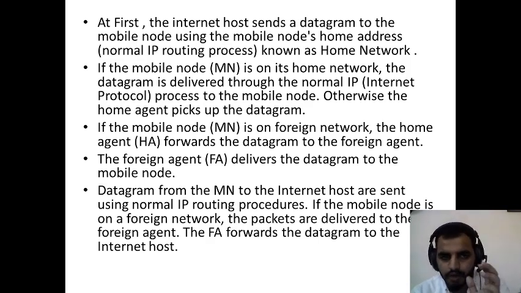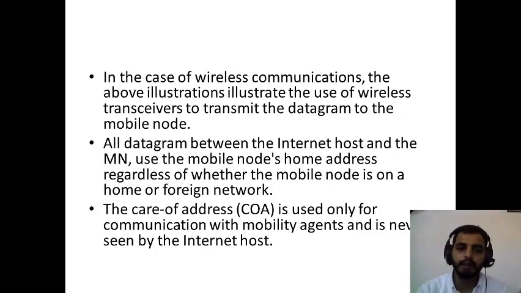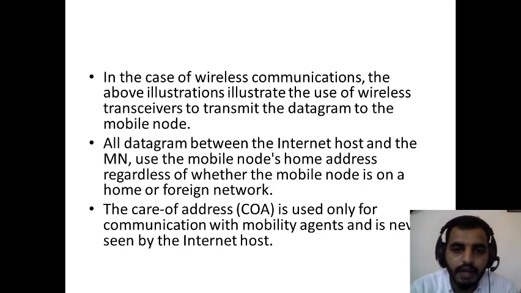I hope you are with me and you are able to understand what I am trying to tell you, what the mobile IP actually is. Now in the case of wireless communication, the above illustrations show the use of a wireless transceiver to transmit the datagram to the mobile node. What are the things that I have told you?